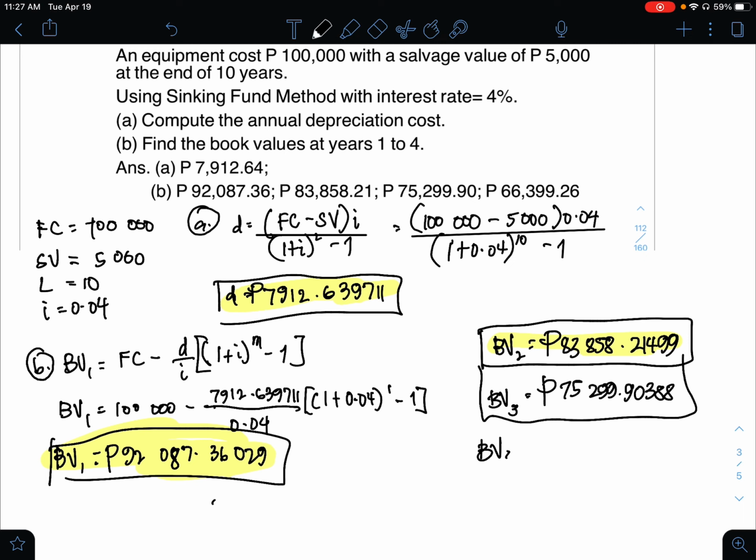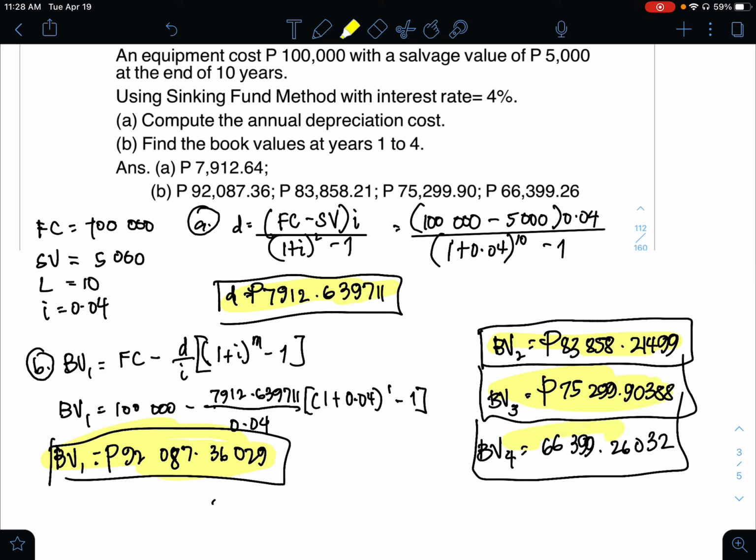And our BV4 is equal to 66,399.26032. That is your book value after 4 years.